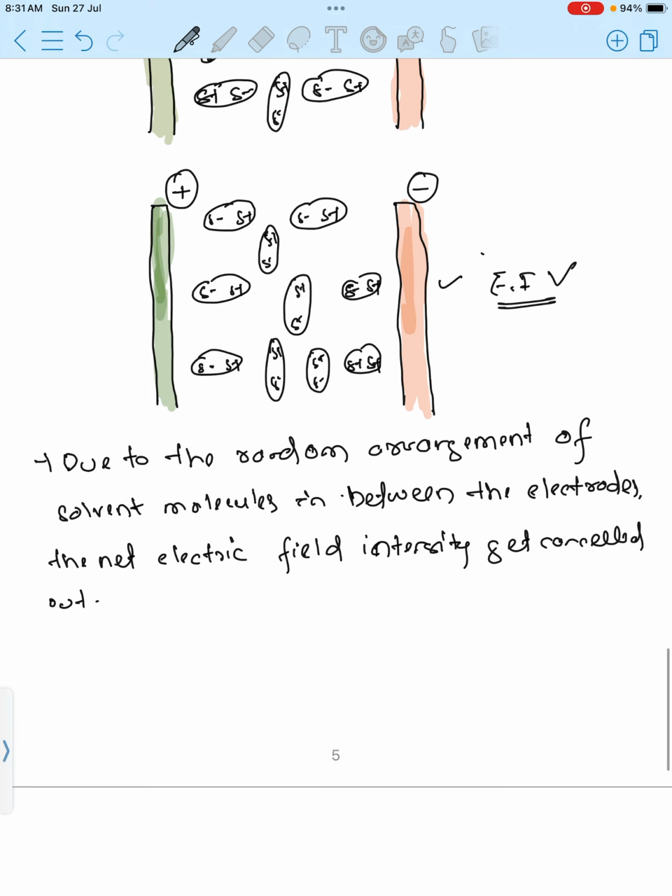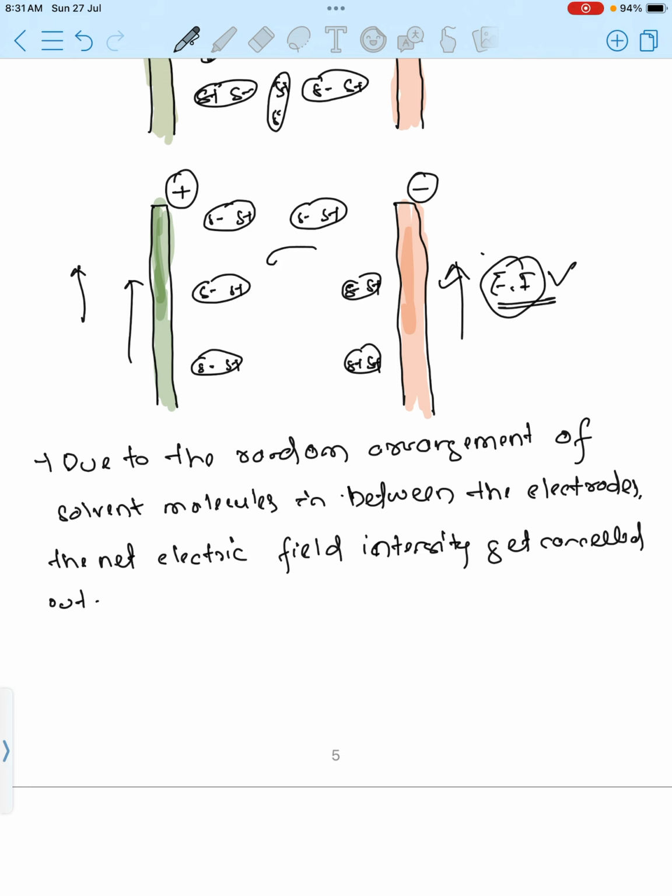But when you further increase the potential difference along the electrodes, what would happen? The electric field intensity will further increase, and this would direct the solvent molecules to get aligned in a particular direction.